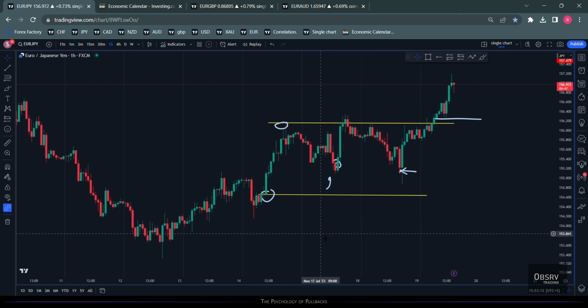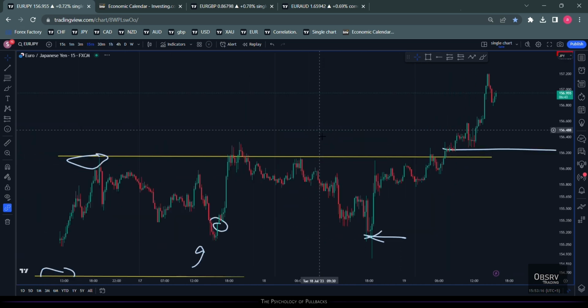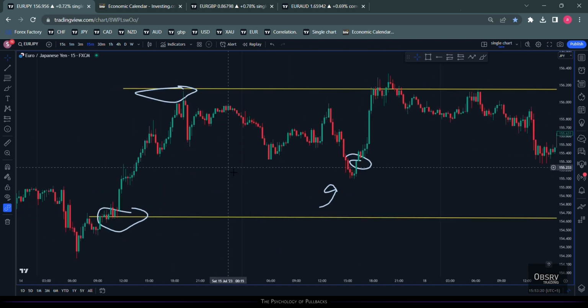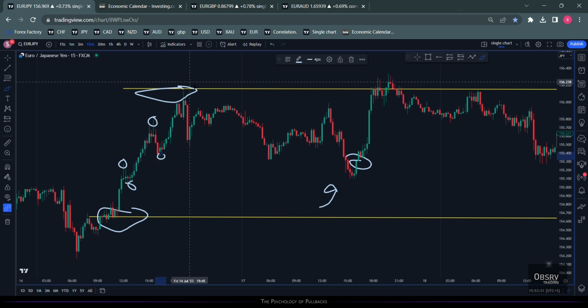Your 60 minutes is a buyer, and you need lower highs and lower lows. That is a downtrend to come in on your lower time frame, right? Until this point, higher high, higher low, higher high, higher low, higher high, higher low, lower high, lower low, right?